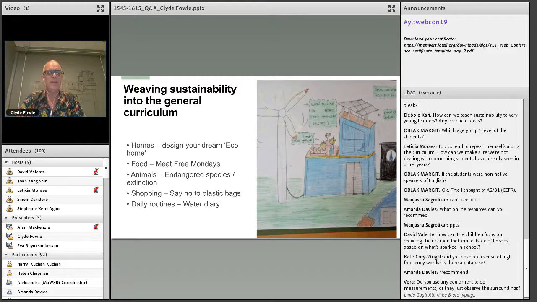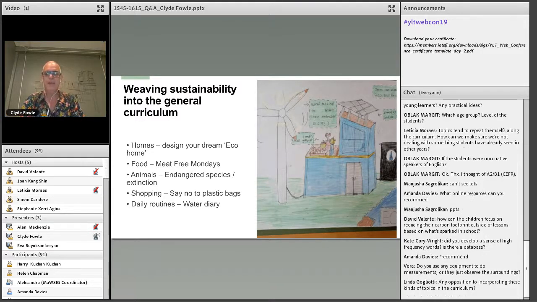But for younger kids, I kept it more simple: reducing the plastic they use and saying no to straws and things like that. Just simple things that they have control over, because children don't always have control over their transport. But once they make the links, they can pressurize their parents.